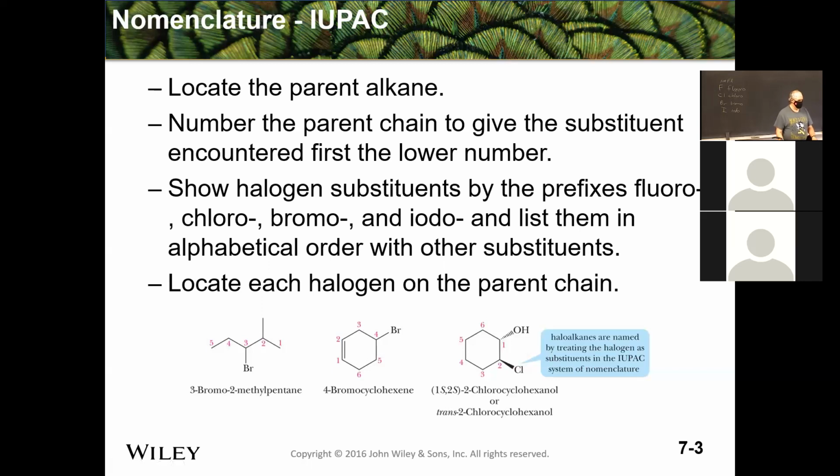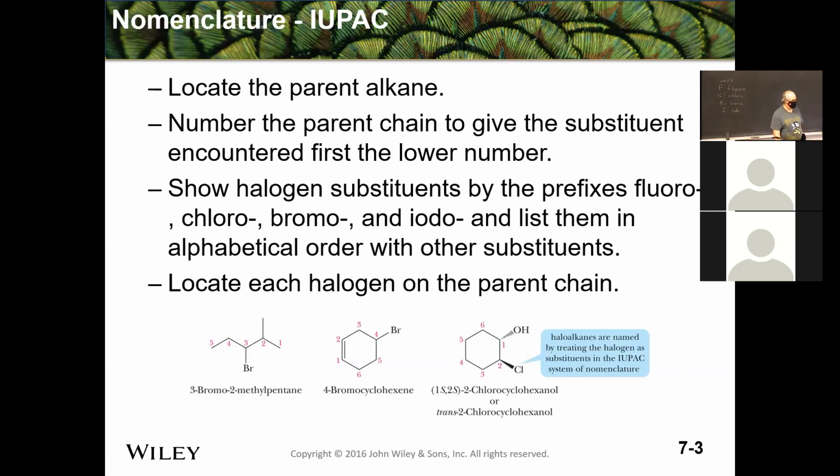We haven't really talked much about naming alcohols. We'll have another chapter coming up about alcohols, but alcohols will end at -ol. The alcohol takes priority in this case over the halogen. Halogens are way down at the bottom as far as priority in naming.